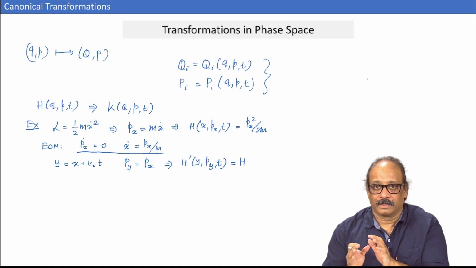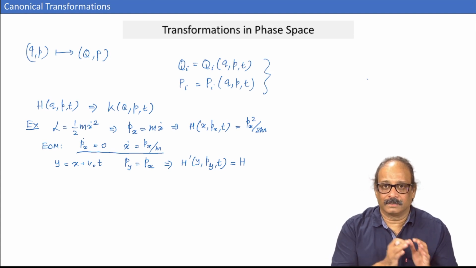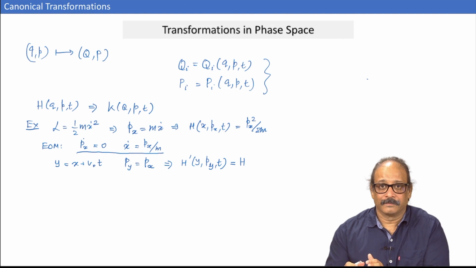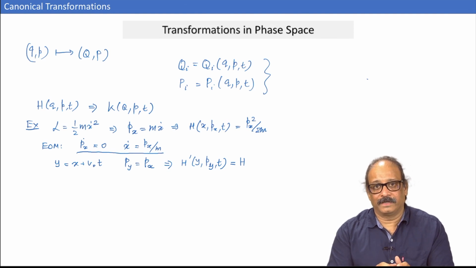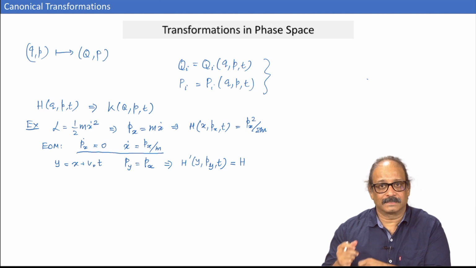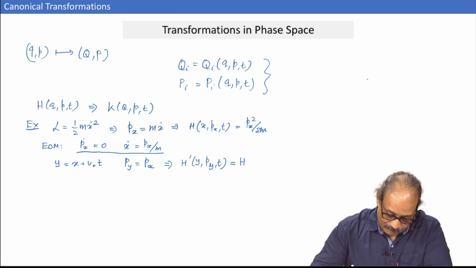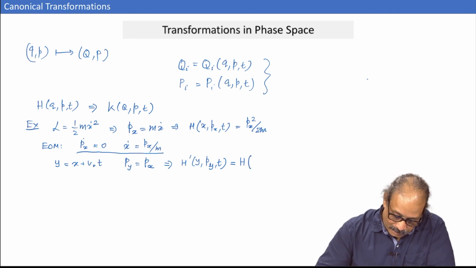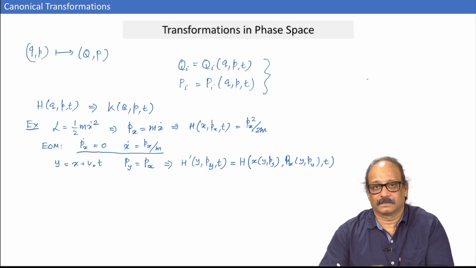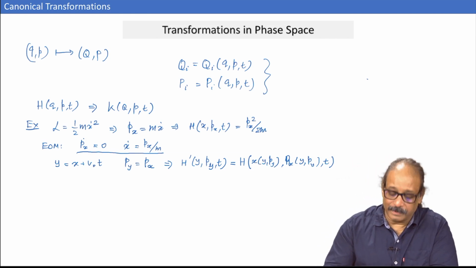When I went from one coordinate system to another, how did the Lagrangian change? The new Lagrangian L tilde is obtained from the old Lagrangian by simply substituting for the old variables the new variables. So, let us do that here too. That means I should write x in terms of y and Py, and Px in terms of y and Py, and t does not appear in the Hamiltonian in our case.